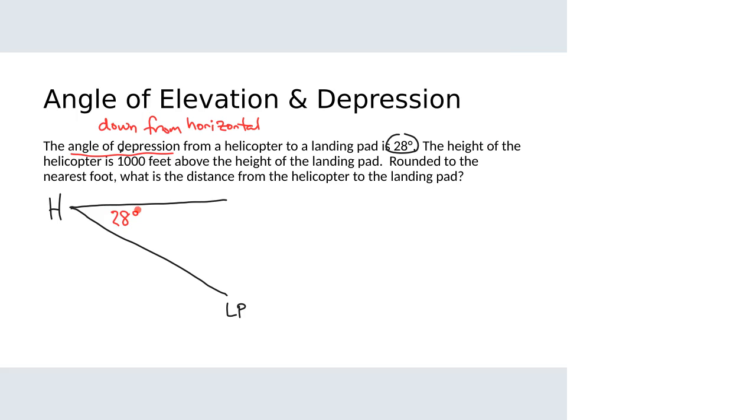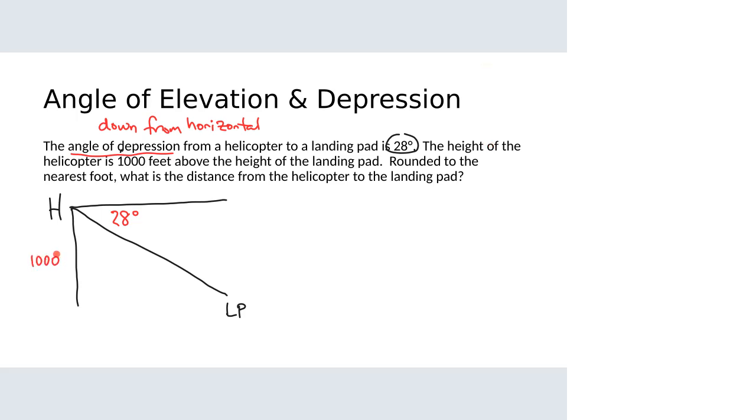Okay. The height of the helicopter is 1,000 feet above the height of the landing pad. Okay, so I know I'm making a right triangle out of this somehow. So the height of the helicopter is 1,000 feet above the height of the landing pad. So here's the height of the landing pad. So it's 1,000 feet above the height of the landing pad.